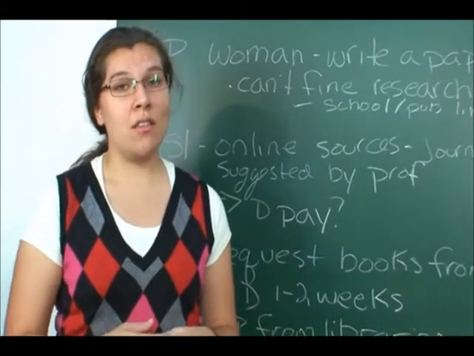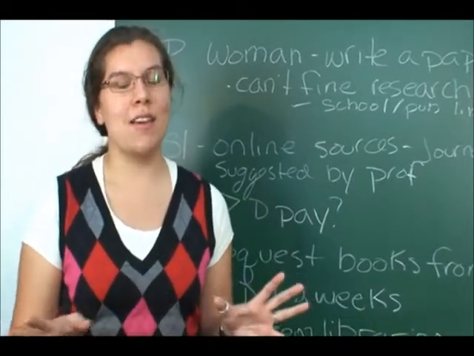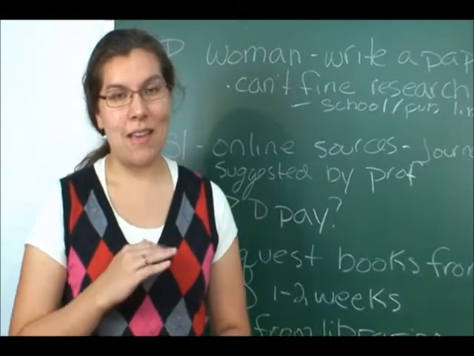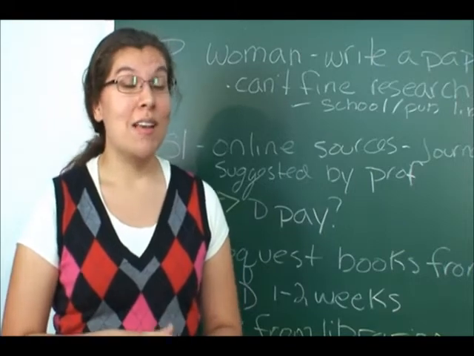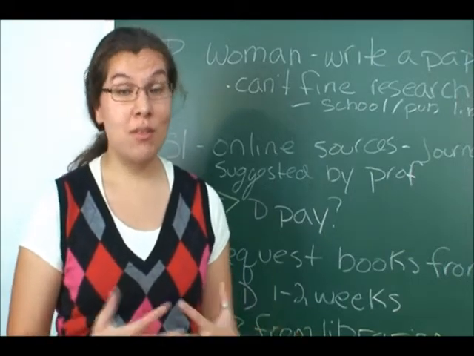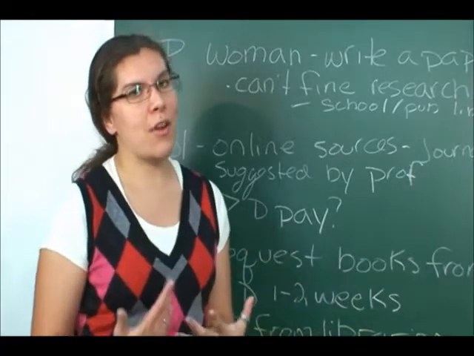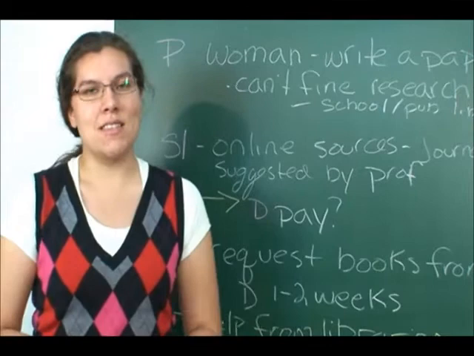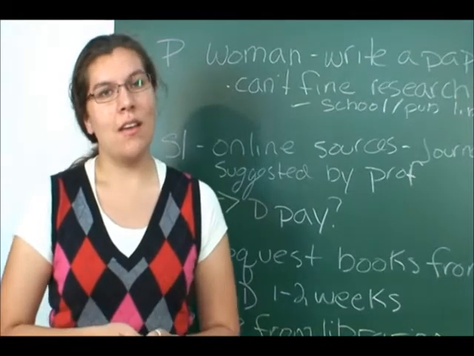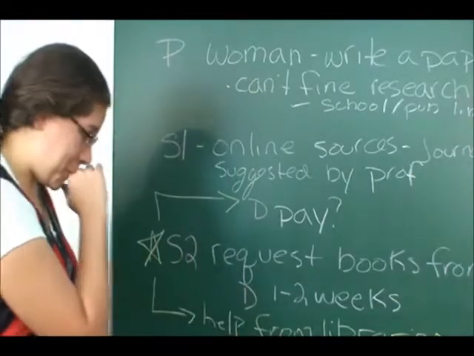At my school, we call this interlibrary loan, or ILL, and I don't know how many times ILL saved my life when I was looking for research materials for my papers, especially if you go to a small school. So requesting books from another library is a very, very common practice. And they'll mail it to you, and it's free, and it's great. You just have to return it in its proper condition and at a certain time.